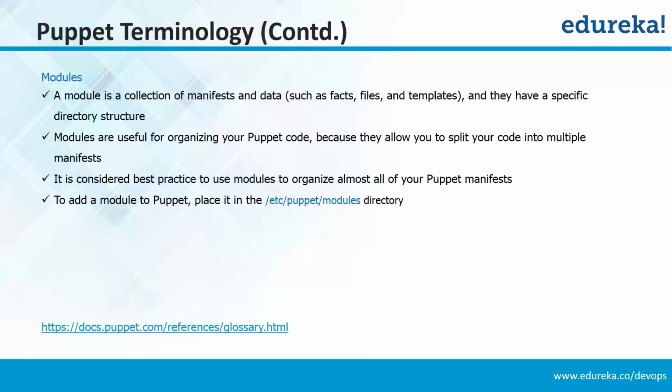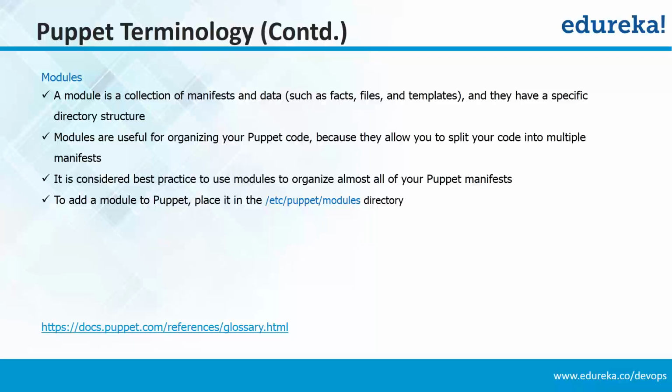Now, we have got resources, we have got manifests, and we have managed to organize code within classes. We can also start grouping our code together, not just in classes, but inside modules. Modules are basically a collection of manifests and data, even facts, files, even templates.